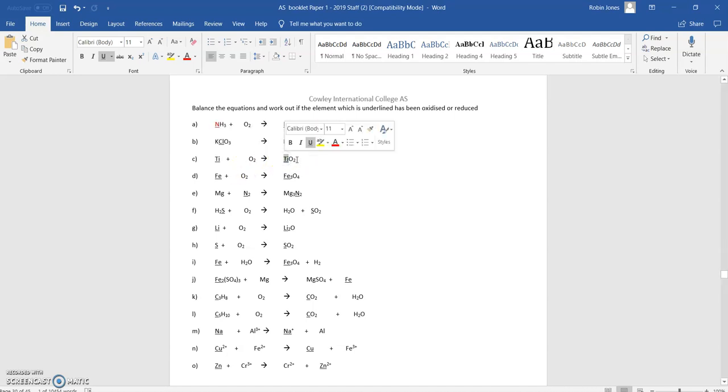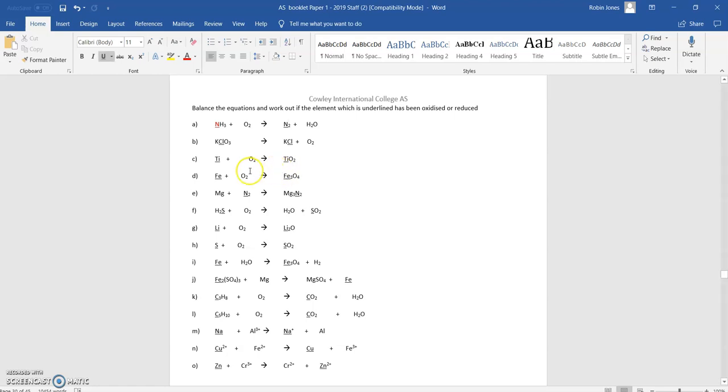Ti here, O's are -2, 2 -2's are -4, no charge overall, so the Ti is in +4. +4 -2 -2 leaves no charge. So it's gone from 0 to +4. The number has gone up. It's been oxidized. And I think that's far easier than some of the other textbook methods.